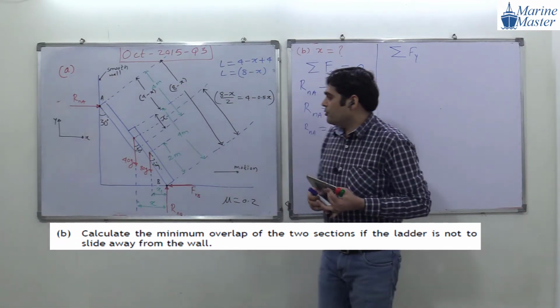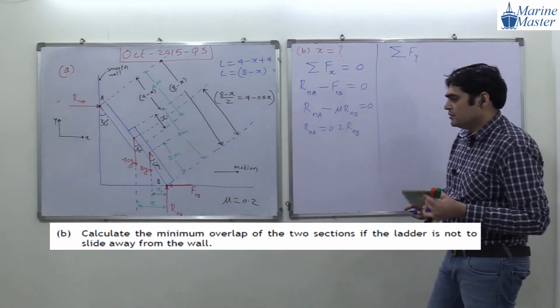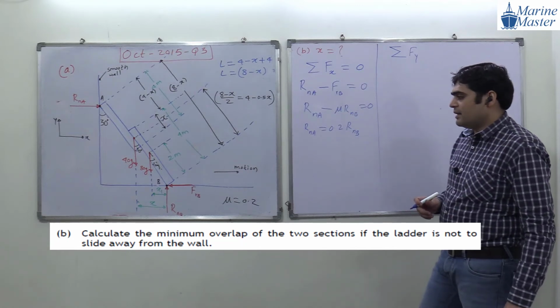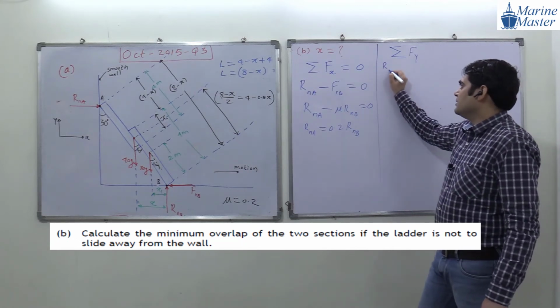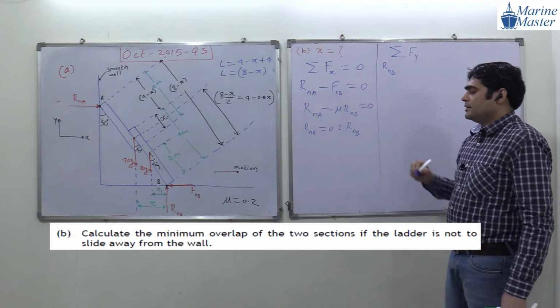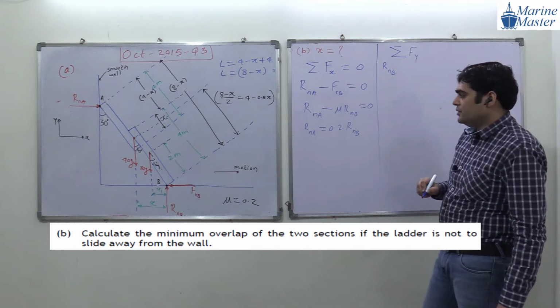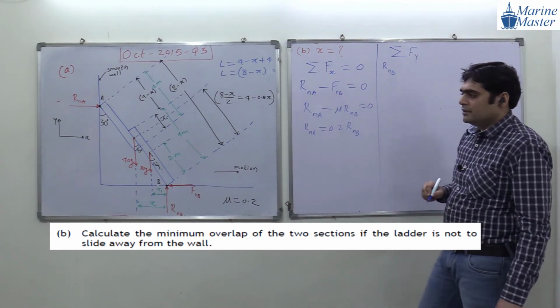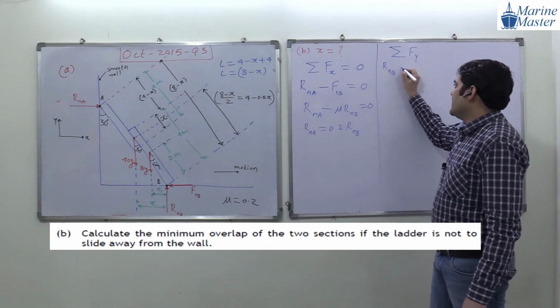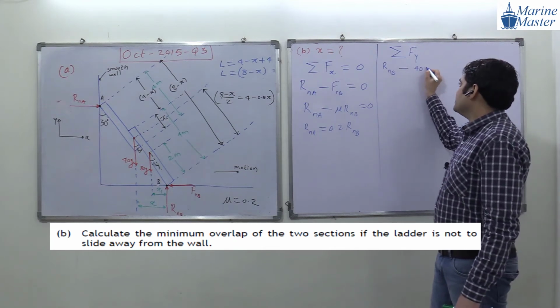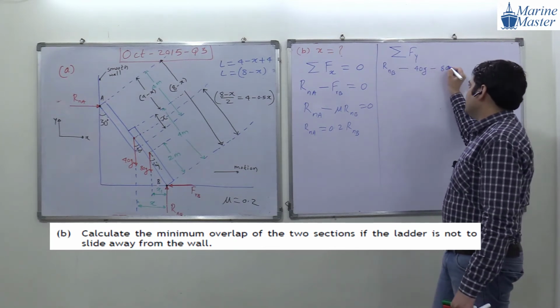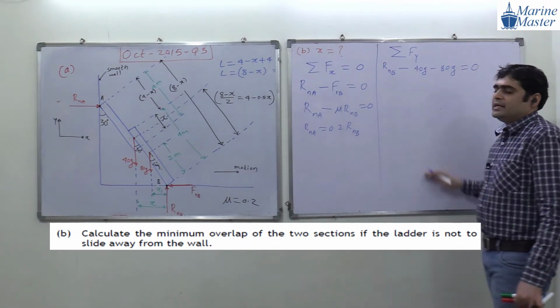So what are the forces in y direction? RNB minus 4Tg minus 8Tg is equal to 0. Any other force?